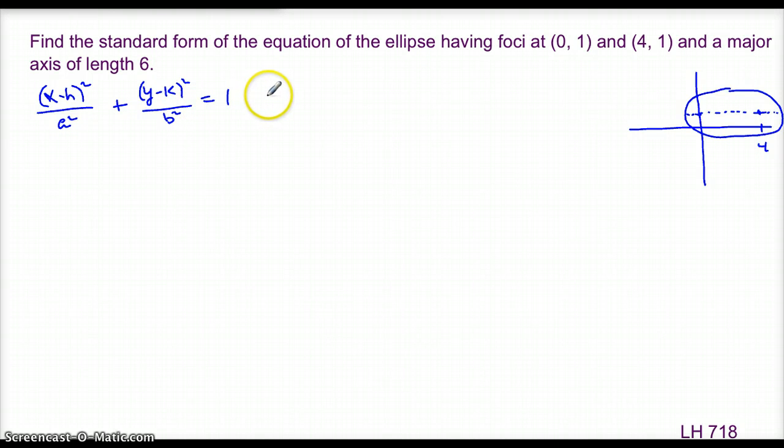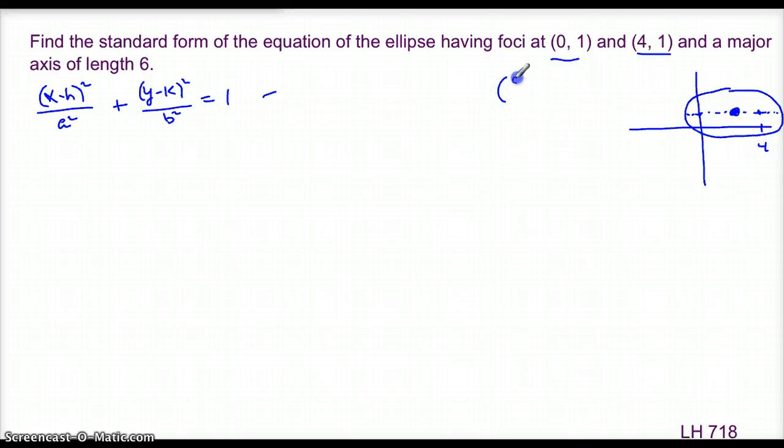Well, we can easily figure out the center. The center has to be right here. It's midway between the two foci that we have. So we have (0, 1) and (4, 1), with the midpoint between those. The midpoint formula means just take the average.